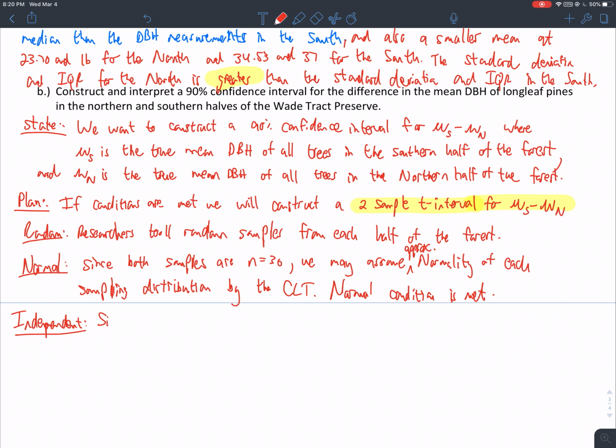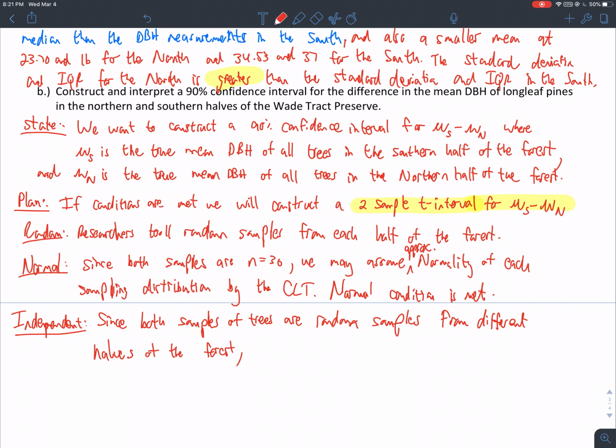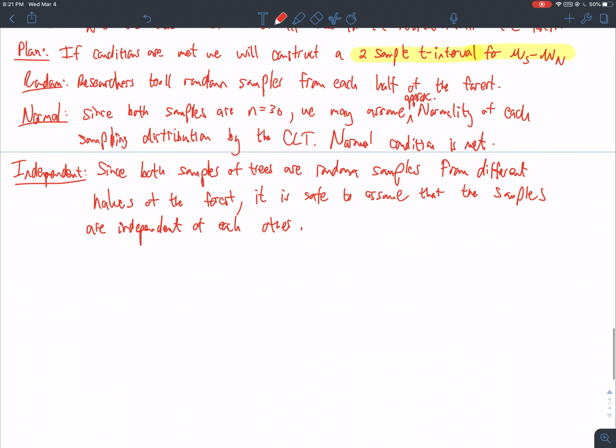So we just say since both samples of trees are random samples from different halves of the forest, it is safe to assume that the samples are independent of each other. Remember, I'll draw a little picture here again.